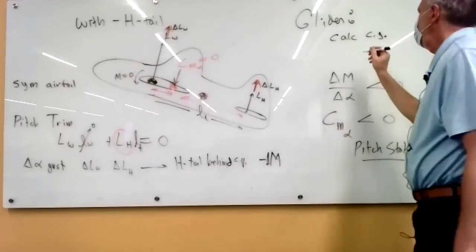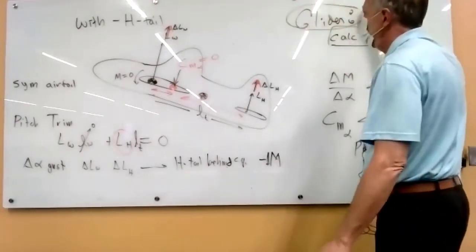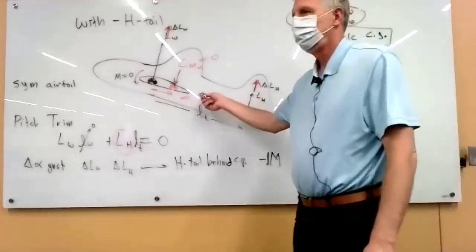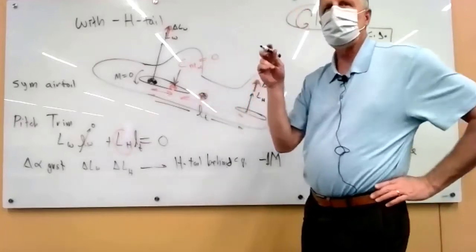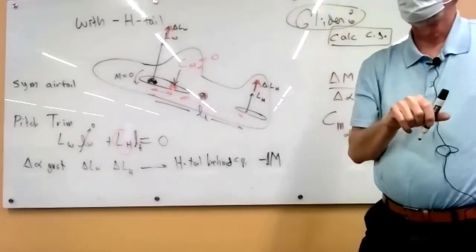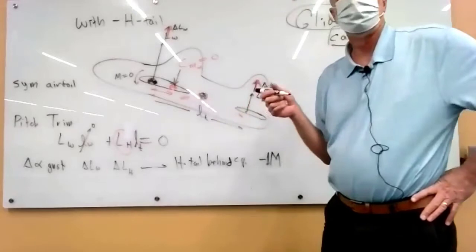So if you calculate your CG, and you design your glider with the wings and all that, and it turns out when you try to fly it, it wants to pitch up and pitch down and flip, your CG is too far back. Now you can't just go into X-plane and plug in a number that's further forward, because I'm requiring you to use that formula that includes the weight of the wing, the weight of the tail, and everything else.